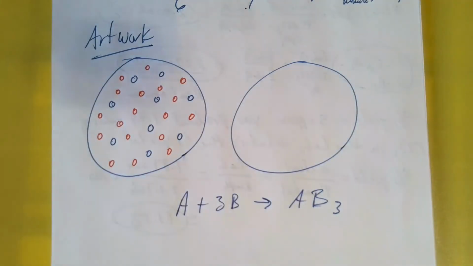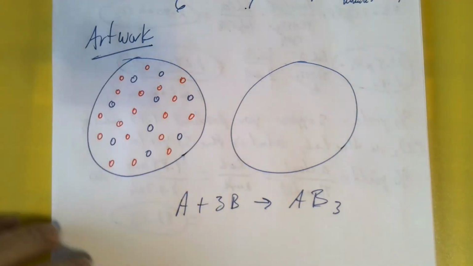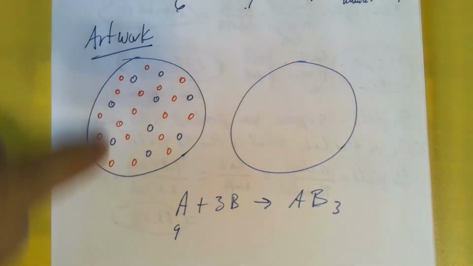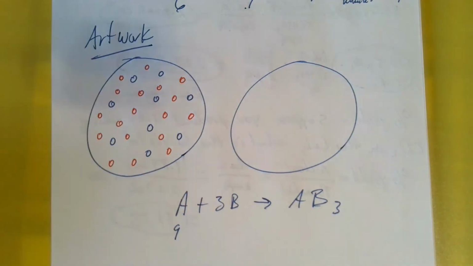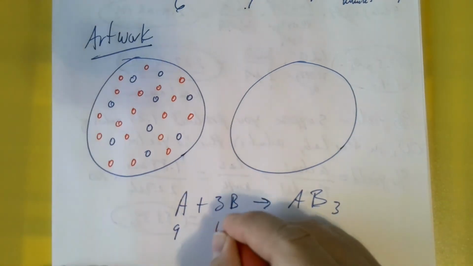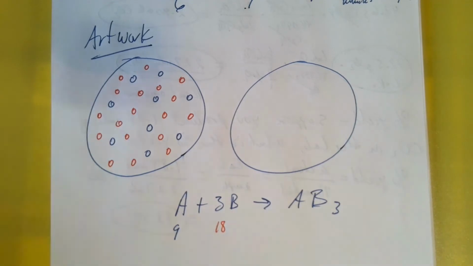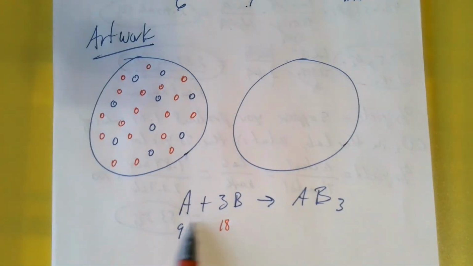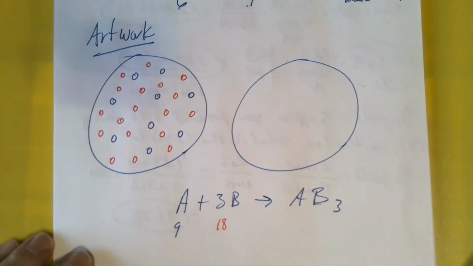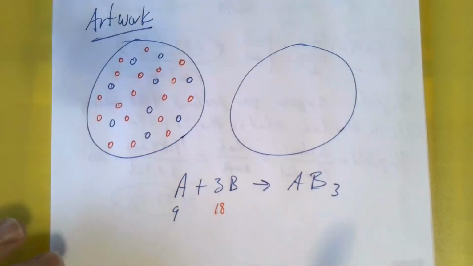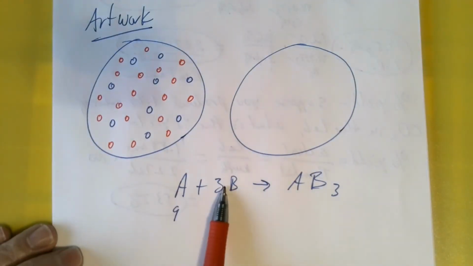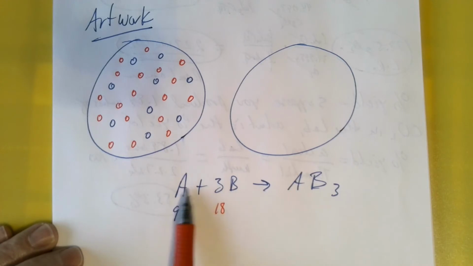Now, what you're going to realize is that in this picture, I have 9 A's, if you count them. And in that picture, I have 18 B's. Based upon what they've given me here, I know that my relationship from A to B has to be 1 to 3.